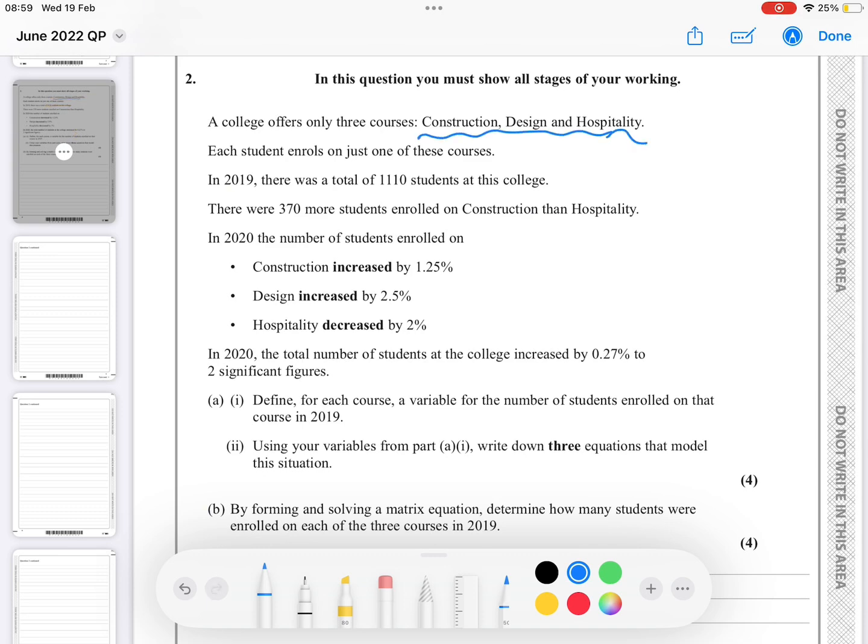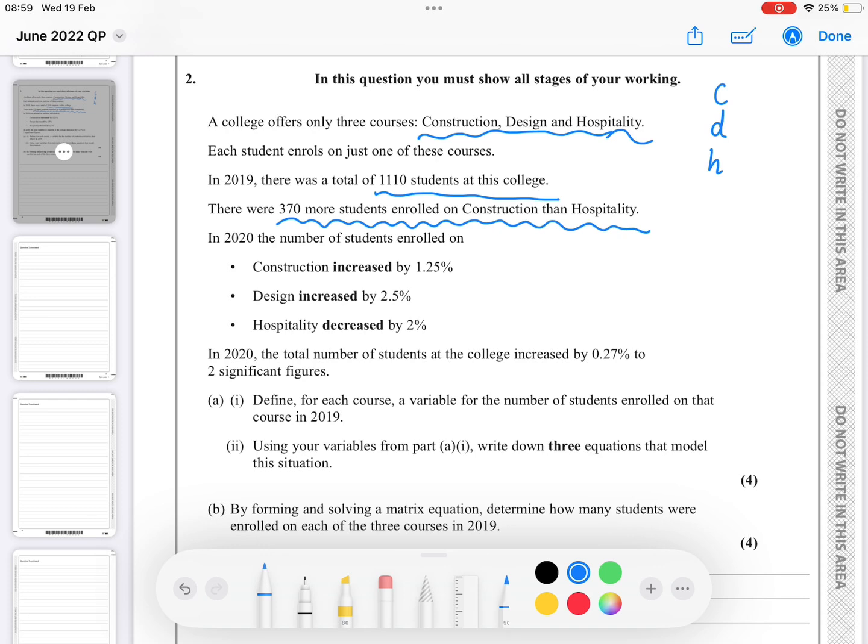So most likely here we can label our 3 variables C, D, and H. In 2019, there was a total of this number of students at the college, and there were 370 more students enrolled on construction than hospitality. And since we've got 3 variables, remember that from this information we want to form 3 separate equations.